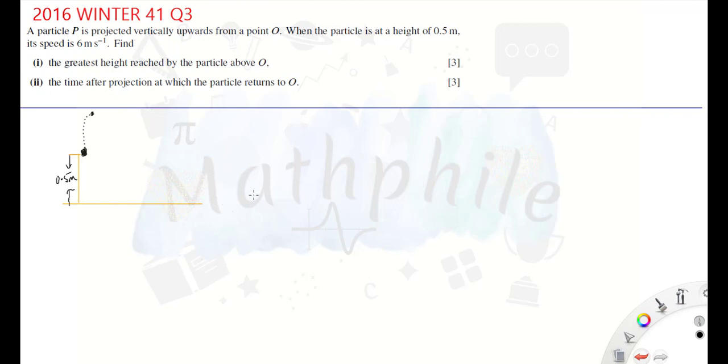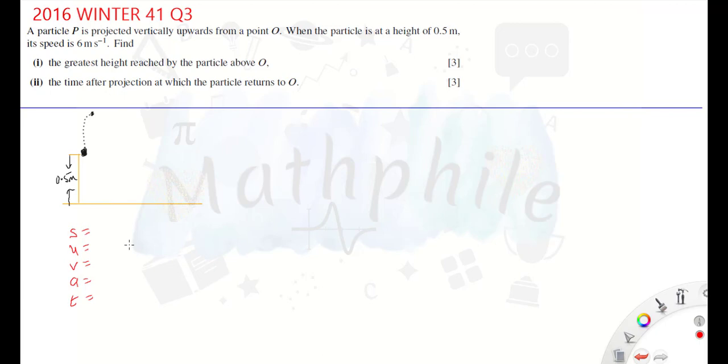Okay, so let's set up the SUVAT for this. What are going to be the values of the SUVAT? What is S? What is V? What is U? What is A? What is T?